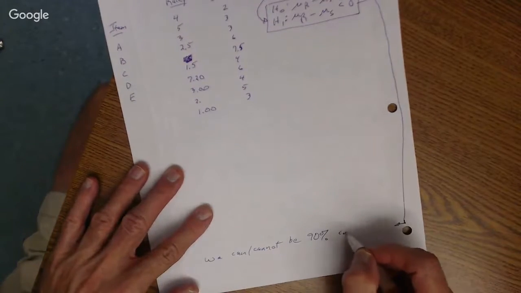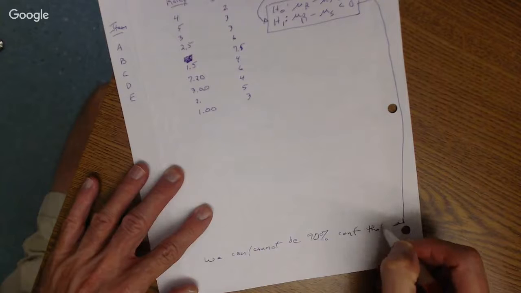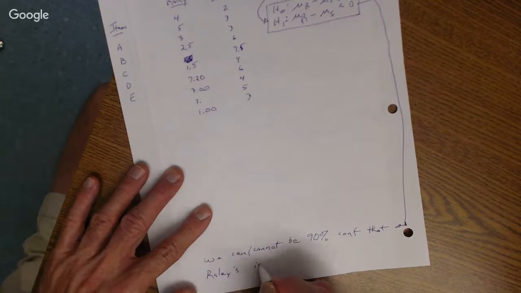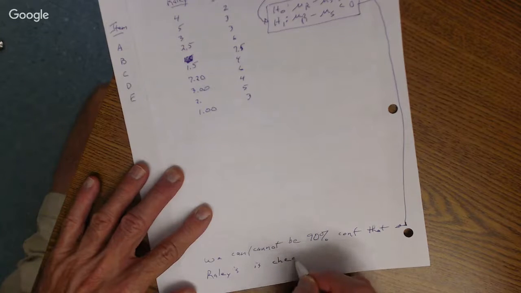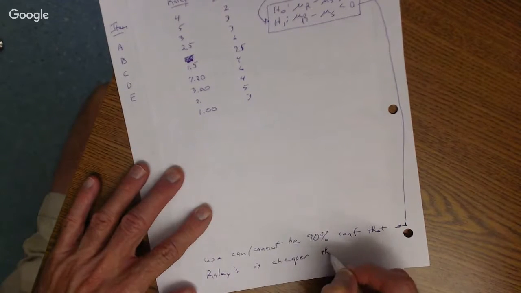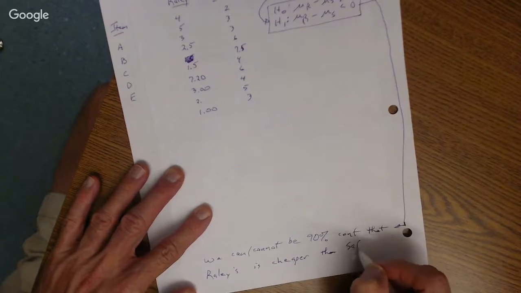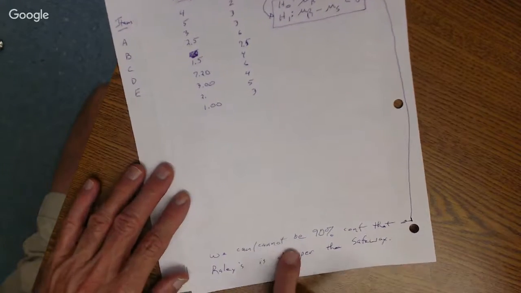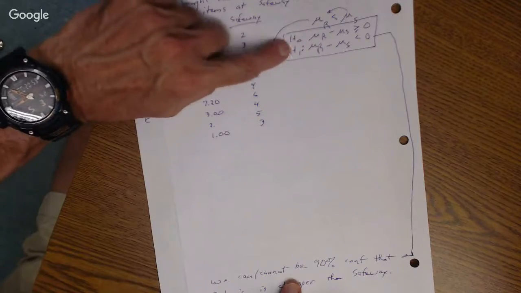That 90% confident that Raley's is cheaper than Safeway. Okay, so that would be our conclusion based on the alternate hypothesis.